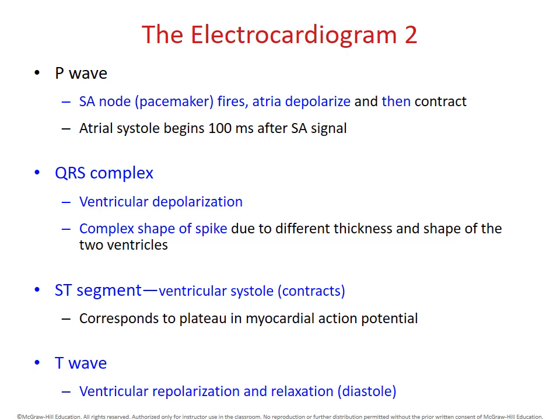On your exam, you will be asked about the events of the P, QRS, and T wave, and you need to be able to explain to me if it's depolarizing or repolarizing, which chamber, and which chamber will eventually contract or do its systolic motion versus which one will be in diastole or relaxation. You don't have to know all of the individual in-between points as long as you know the three main reflections.